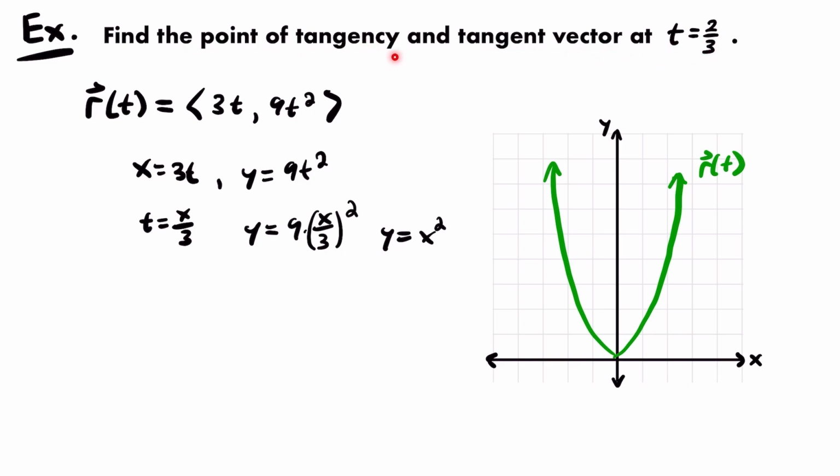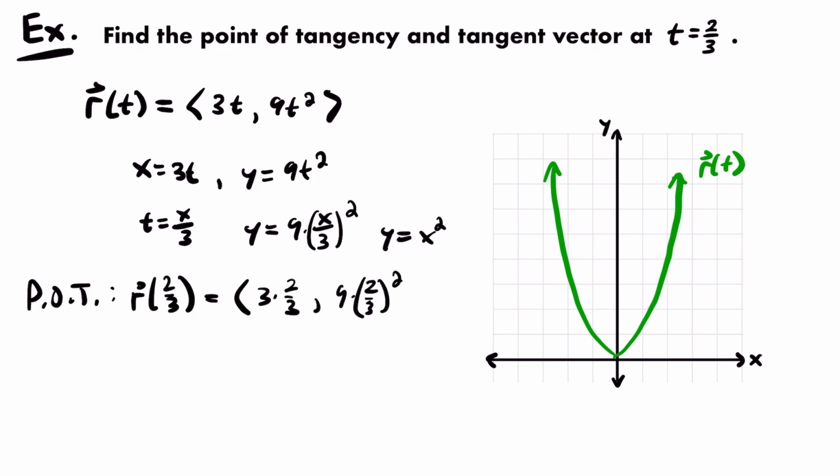The point of tangency is just the point where we are finding a tangent vector, and that point will be determined by this value of t. We simply plug that value of t into our vector function. So for the point of tangency, we'll have r of 2/3, which equals 3 times 2/3, comma, 9 times (2/3) squared.